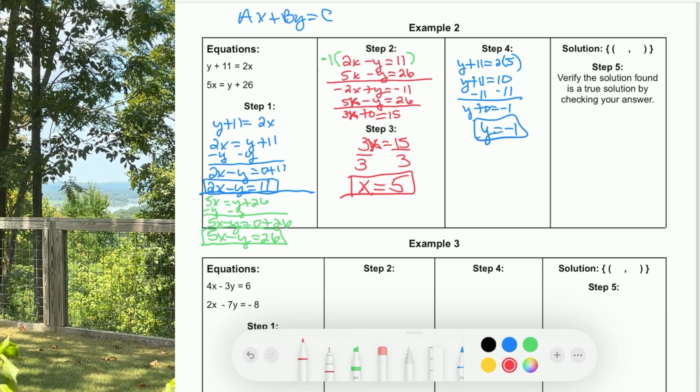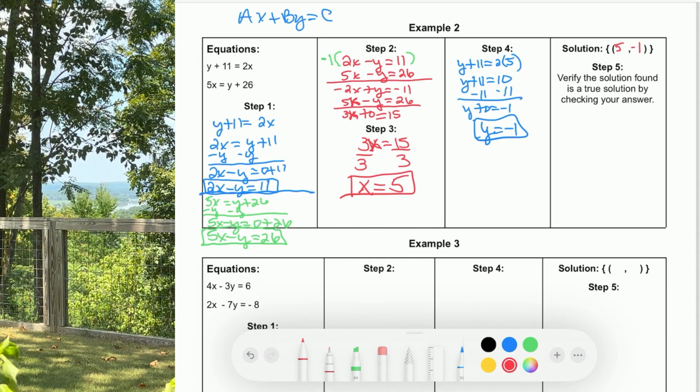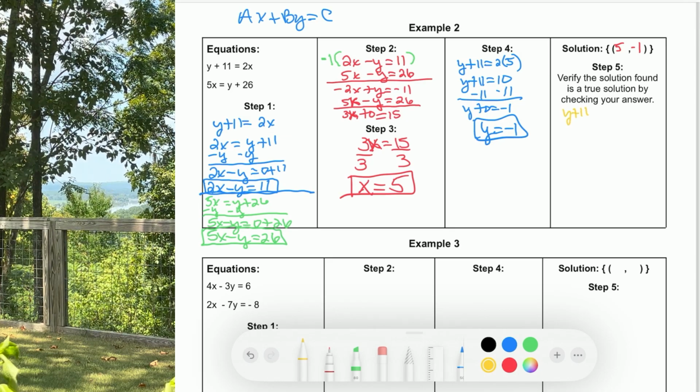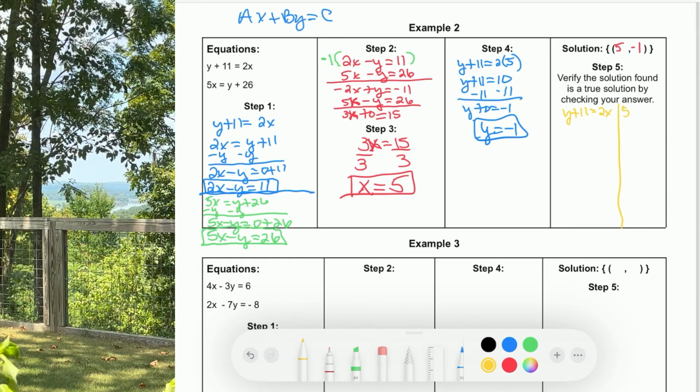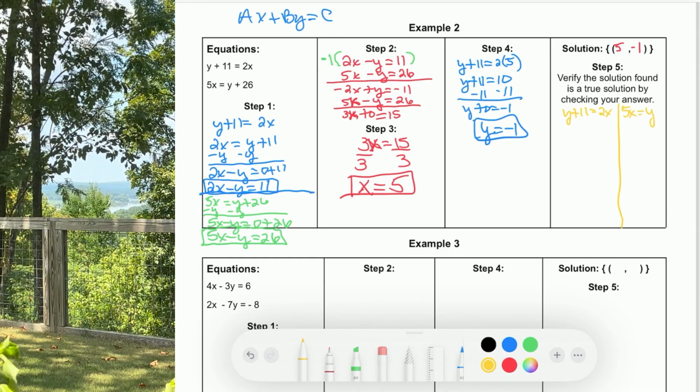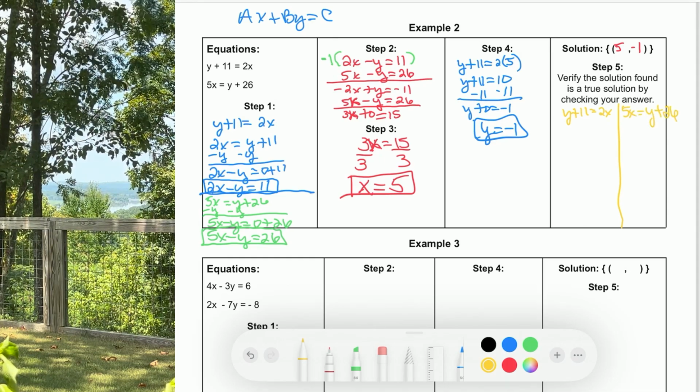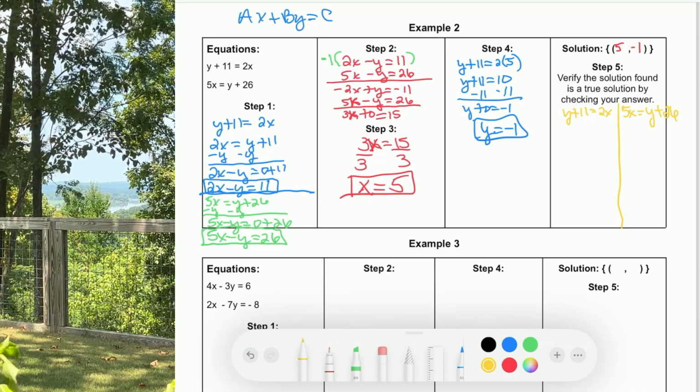These are our two values. So we have 5 and negative 1. But we need to verify that they are, in fact, correct. So y plus 11 equals 2x. The other equation was 5x equals y plus 26. All right, so let's substitute in our values.